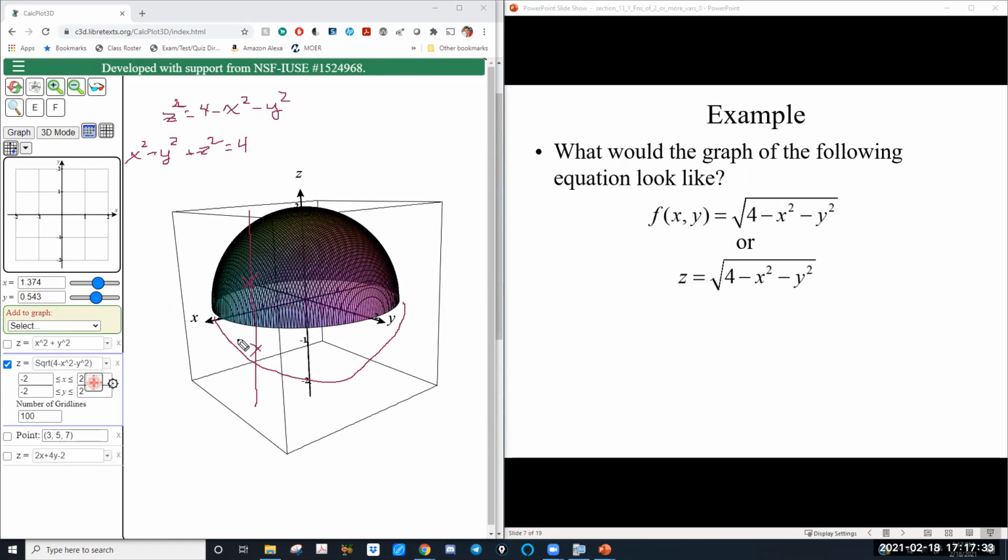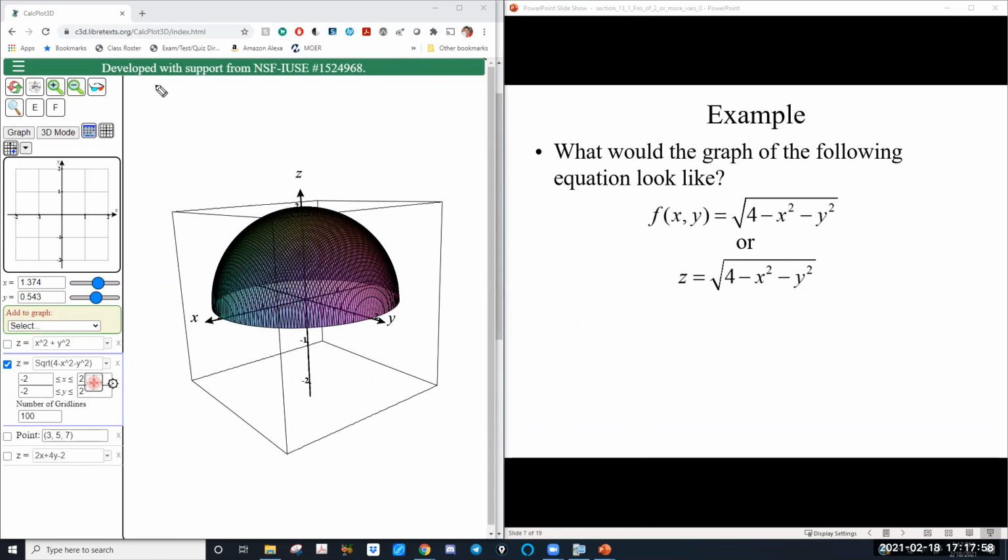So again, this is a connection to our 2D calculus. So that's one way of starting to identify the graph without having to plot it in the 3D plotter. The other thing we could do that we talked about earlier is we could look at the cross sections.